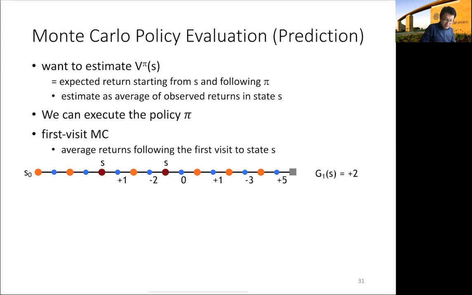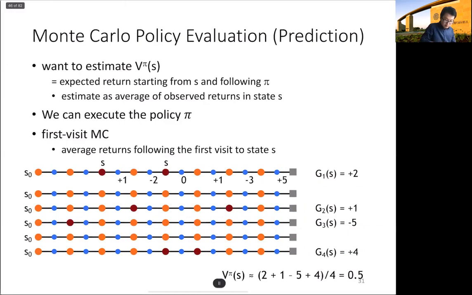In this case, it is straightforward, and we can just add everything up. So 5 plus 1 minus 2 minus 3 gives us plus 2. So that's the first data point that we collect. Then we can start again and keep playing this policy.